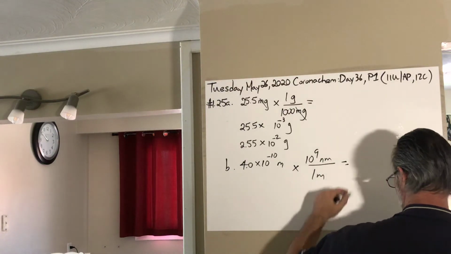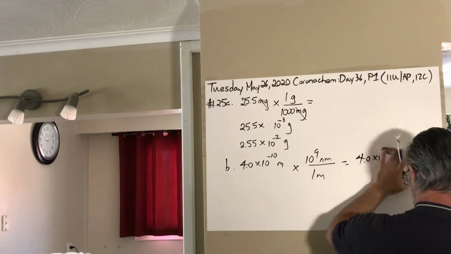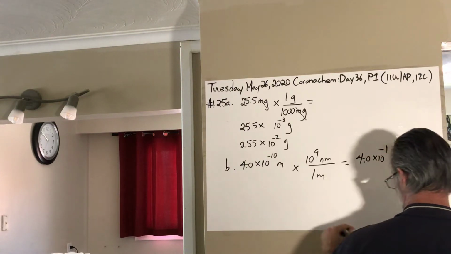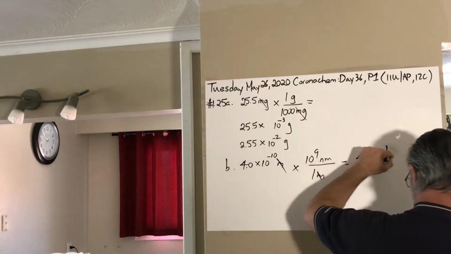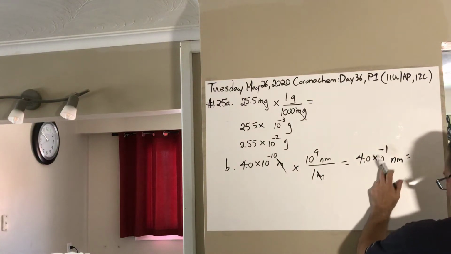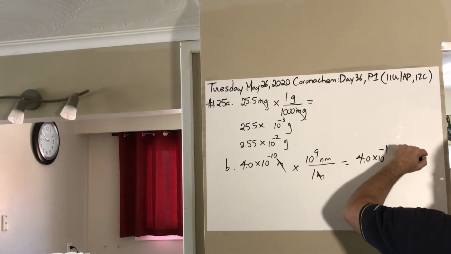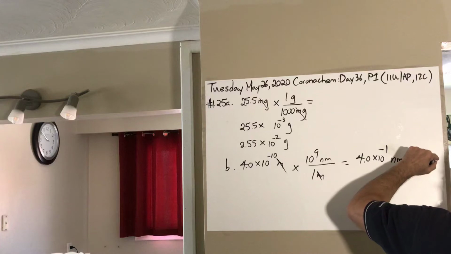So you're going to get 4.0 times 10 to the minus 1. Meters cancel, so the answer is in nanometers, or you could say, because 10 to the minus 1 is equal to 1/10, 1/10 of 4 is 4 over 10, or 0.4 nanometers.